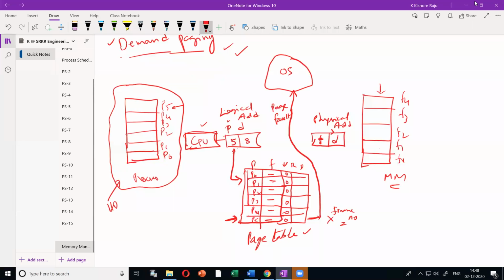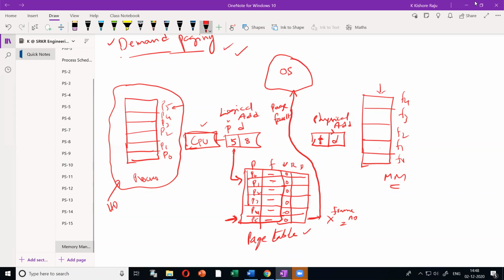If any page is requested and its corresponding valid bit is 0, it will raise an interrupt, and that interrupt I will call a page fault, which is transferred to the operating system. Then what does the operating system have to do?